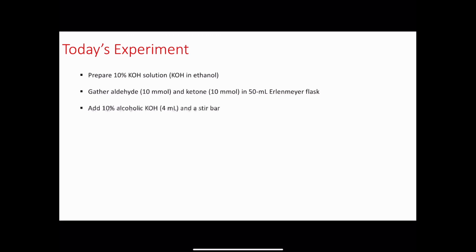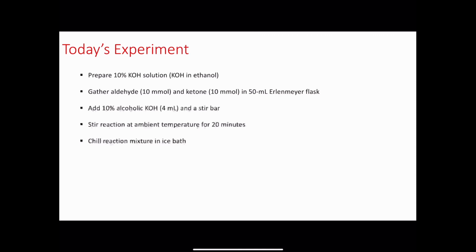Then you're going to add the alcoholic potassium hydroxide that you made in step 1. So you use 4 milliliters, you add that into the reaction flask, and you add a stir bar as well. Then you're going to stir the reaction at room temperature for 20 minutes.